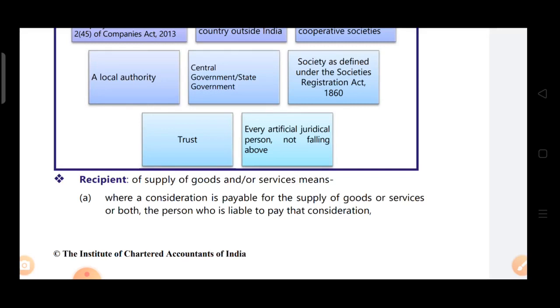Suppose Mr. A has supplied service to Mr. B. Now, if Mr. B is liable to pay the consideration, that is, consideration is payable for the supply made by A to B, then the person who is liable to pay that consideration, Mr. B, is the recipient, as A was the supplier. So Mr. B will be called the recipient.